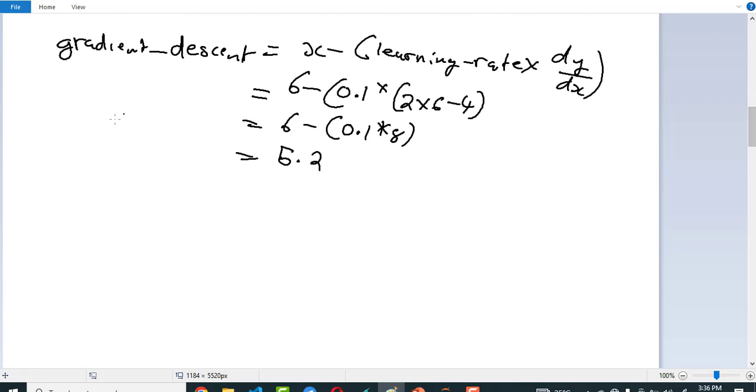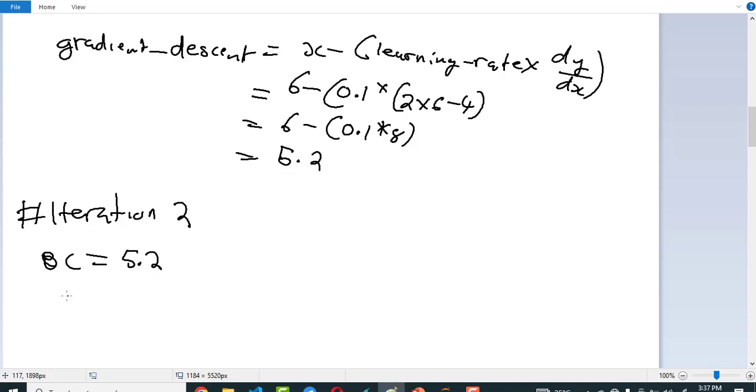Then we do a second iteration. On our second iteration, x equals 5.2 now.